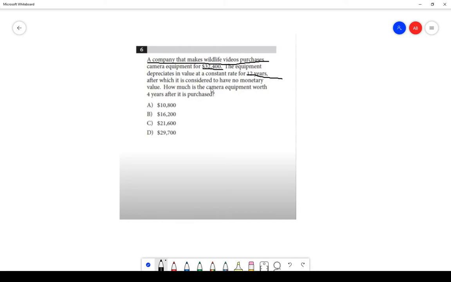So basically it's asking how much the camera equipment was worth 4 years after it was purchased. So we have to look at this word "after."